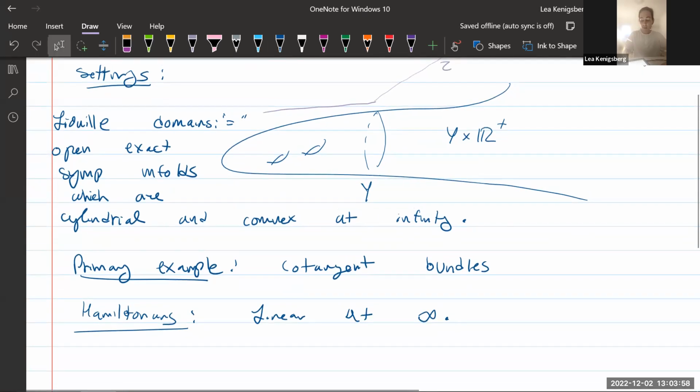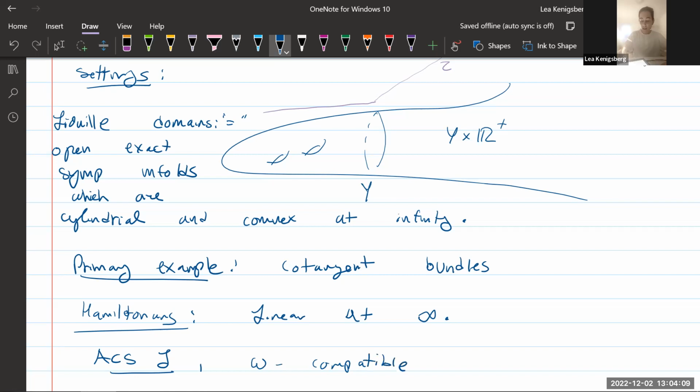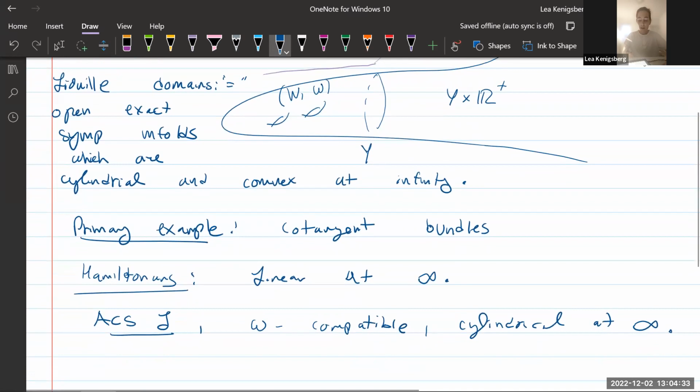And we will consider an almost complex structure J, which is omega compatible. So I should give this object a name. This was my symplectic manifold W with symplectic structure omega. So an almost complex structure J, which is omega compatible and is also cylindrical at infinity.